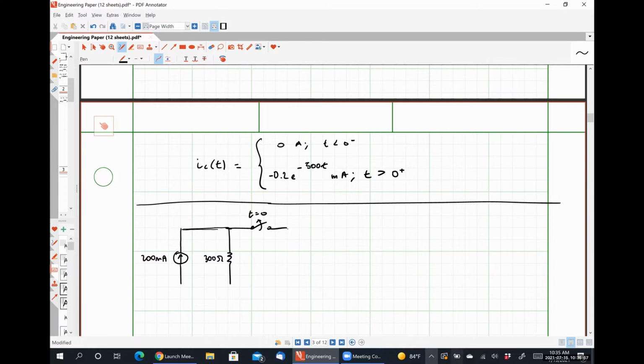And then here we have a 100 ohm resistor, a 300 ohm resistor, and then a 6 microfarad capacitor over which a voltage drop Vc of t occurs.